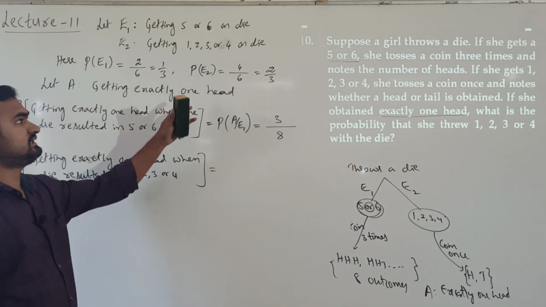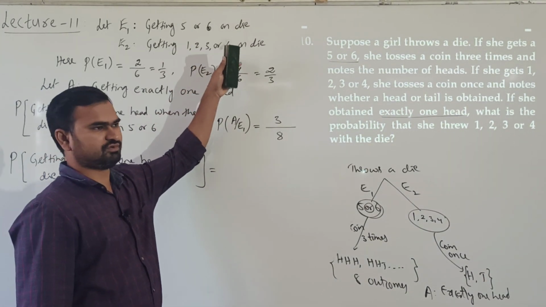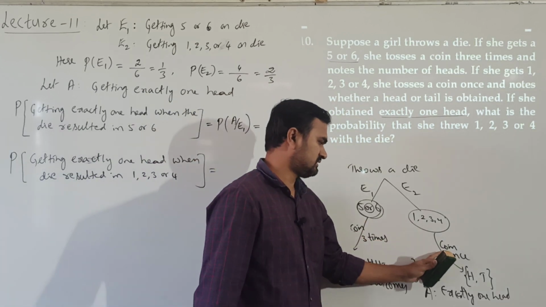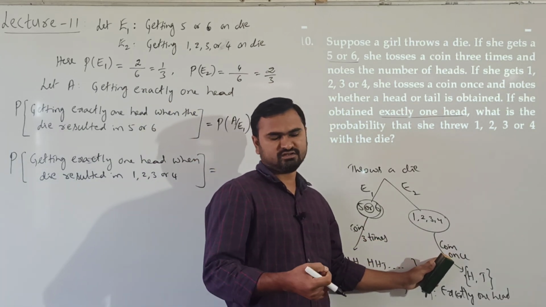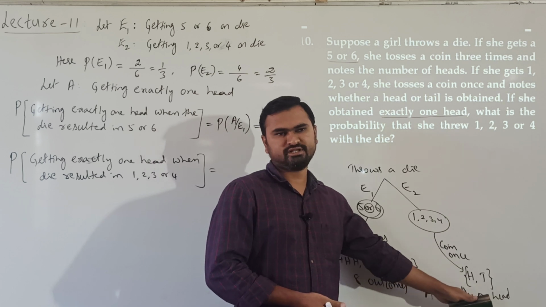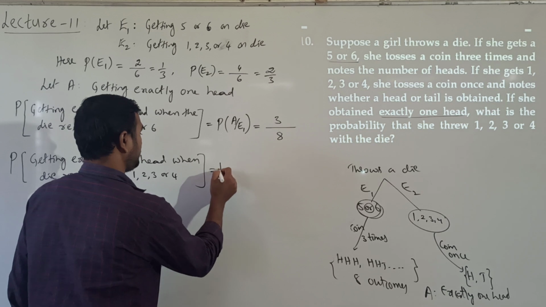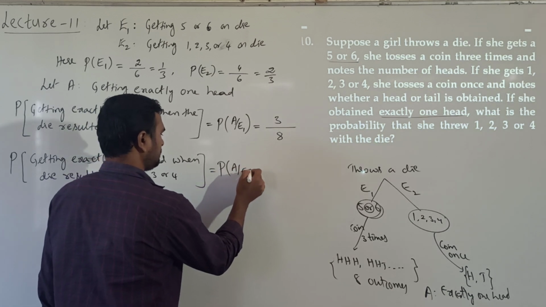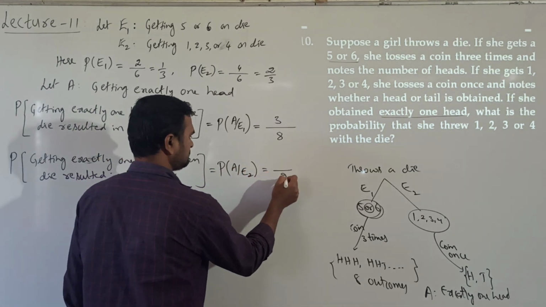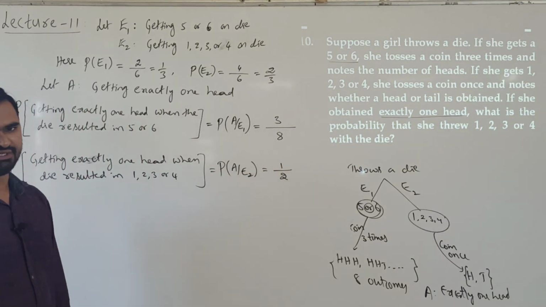So, if the die resulted in these numbers 1, 2, 3 or 4, now what are we doing? We are tossing the coin once. Now, when we toss the coin once, what is the probability of getting exactly one head? It is 1 by 2. So, notation P of A given E2, it is 1 out of 2 cases.